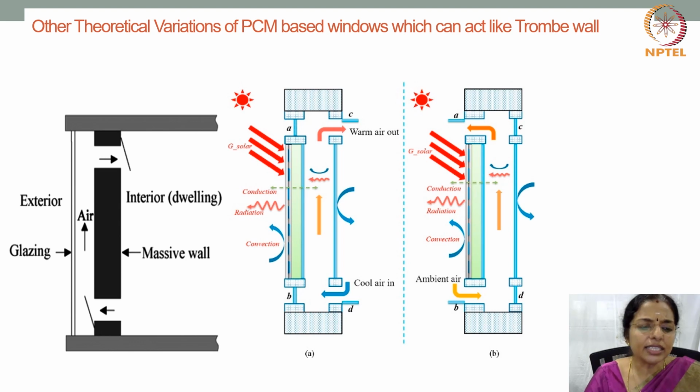I'll just quickly, for the sake of your imagination, tell you that we can have other theoretical variations of phase change material based windows, which can act as a trombe wall. So PCM integrated windows can be used as solar wall and trombe wall.